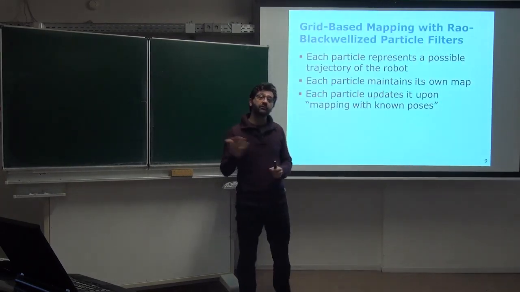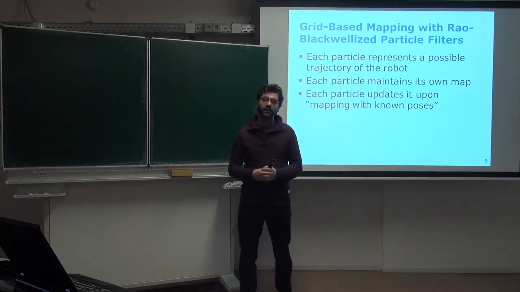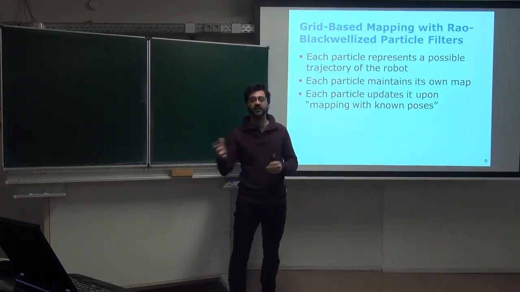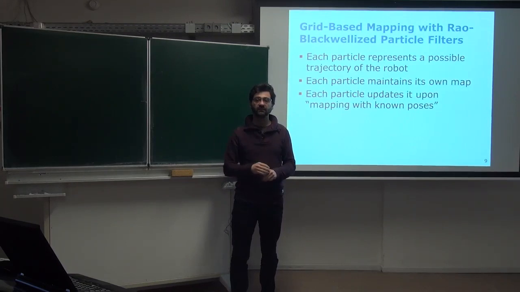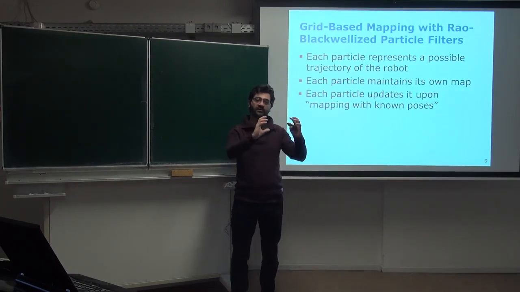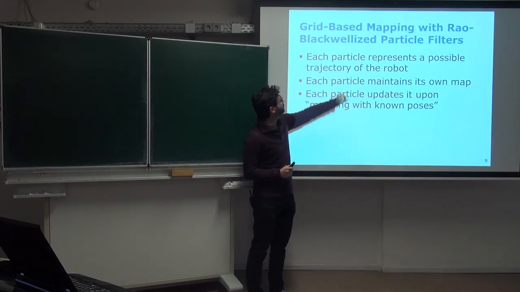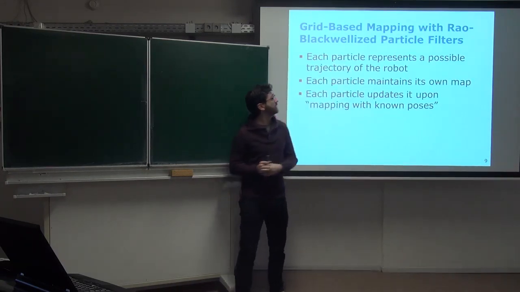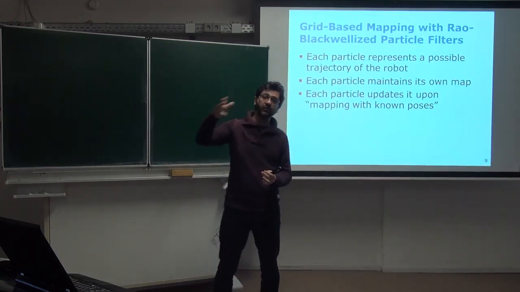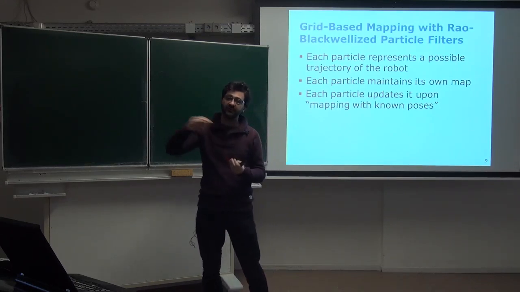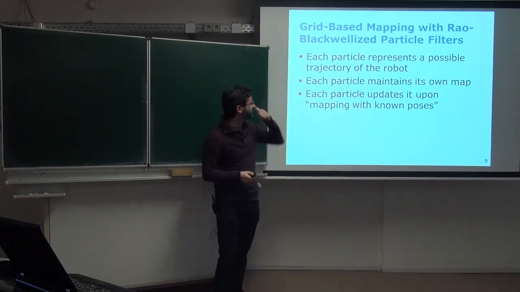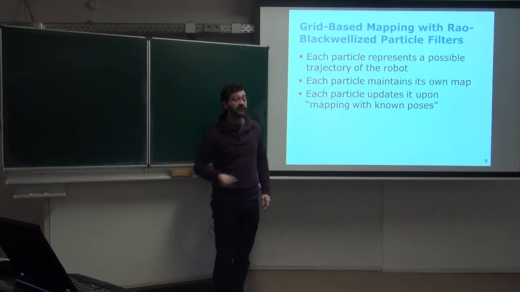To represent the full SLAM problem with the same factorization, we use a Rao-Blackwellized particle filter, where we sample just one part, the path posterior, and compute the other part analytically. We have to give each particle a trajectory of the robot, as we did before for the landmarks, but this time we also need to maintain a map.